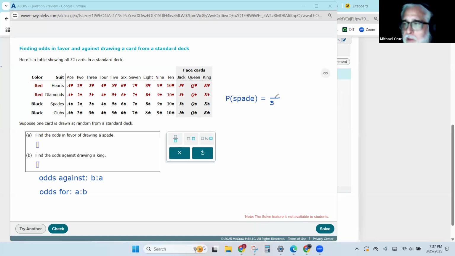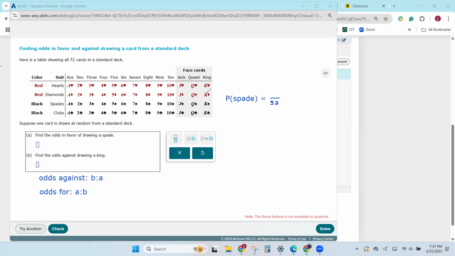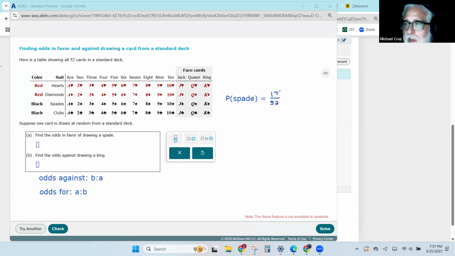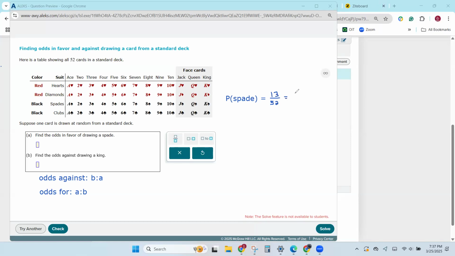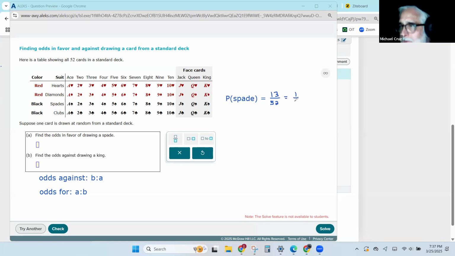And how many spades are there? 13. And that simplifies down to 1/4. So 1/4 of the deck are spades. And this would apply if it was clubs, diamonds, or hearts as well.